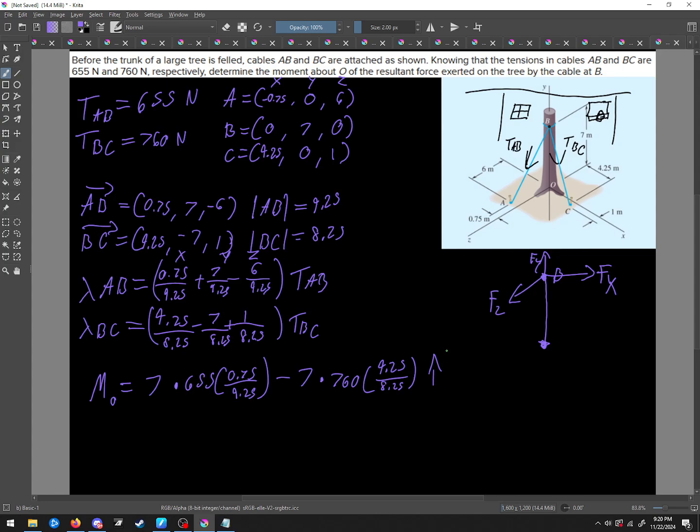We're doing R cross F, so it's going to be 7 times 7. Okay. And I'm getting, boy, if this is somehow wrong, and then 2, 3.